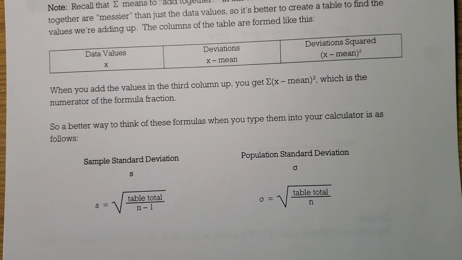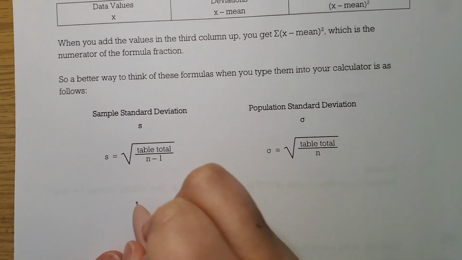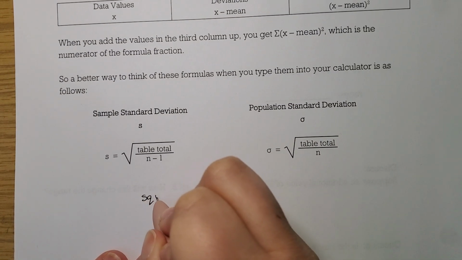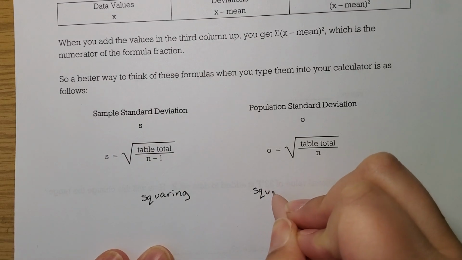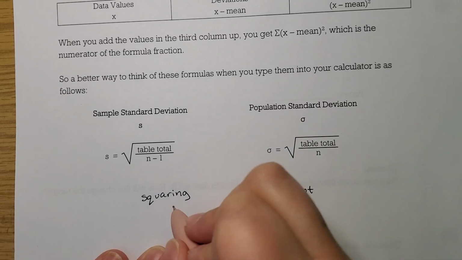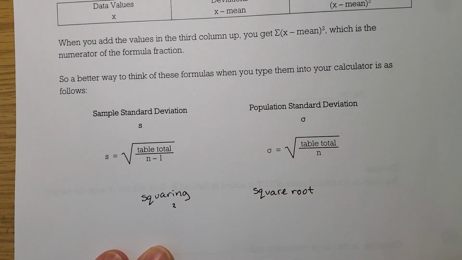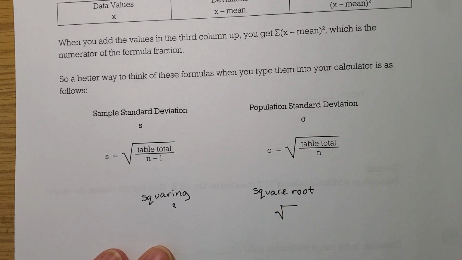Now, you do want to be familiar with both your squaring and your square root key on your calculators. They sound similar, squaring versus square root. Squaring is when you have that little 2. Square root is this little check mark thing.